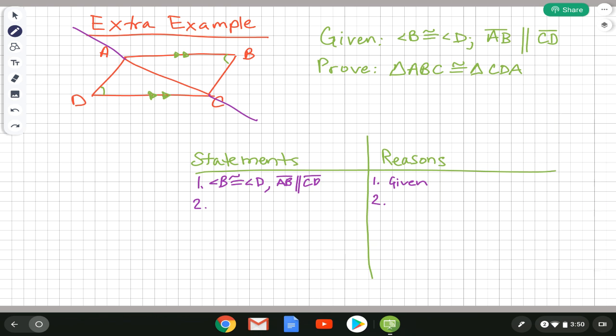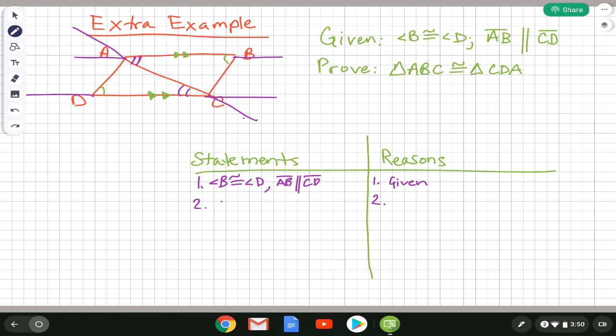And so if this is a transversal going through these parallel lines that I could also extend out so it's easier to see, then this angle at A, BAC, and this angle down here at C, which is DCA, those two angles are alternate interior angles. They're inside the parallel lines, they're on opposite sides of the transversal. And so alternate interior angles are congruent, we know that. So using the parallel lines that are given, that's the next step that I would write down.